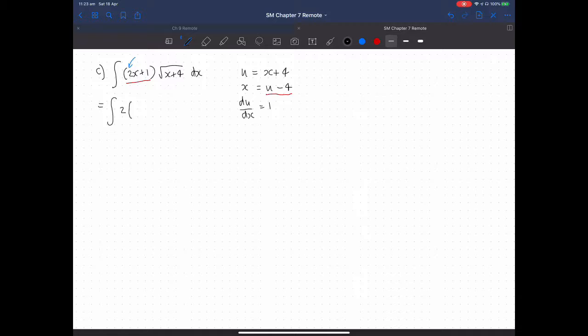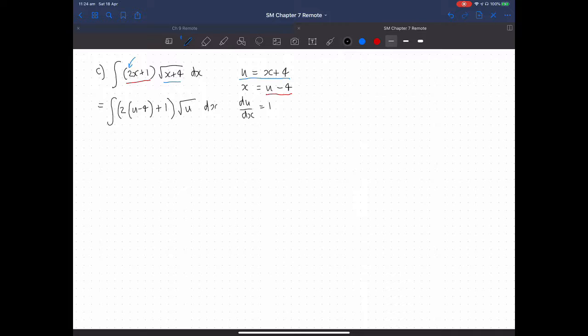So we've got 2 times (u minus 4) plus 1. I'm going to write that in brackets to be mathematically correct, all times the square root of x plus 4. Now, x plus 4 we have got is equal to u. So that becomes a straightforward substitution.